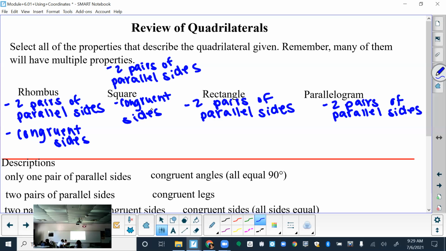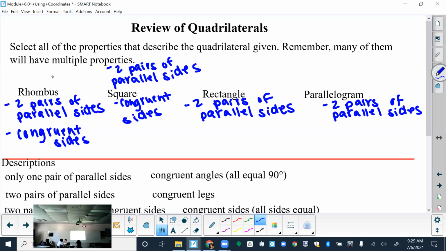Do rectangles have all sides congruent? No, they do not. So I'm not going to write it for that one. Do parallelograms have all sides congruent? All right, good. They do not have all sides congruent. So we're kind of done with the set criteria for rhombus. If it meets both of these criteria, it's a rhombus.